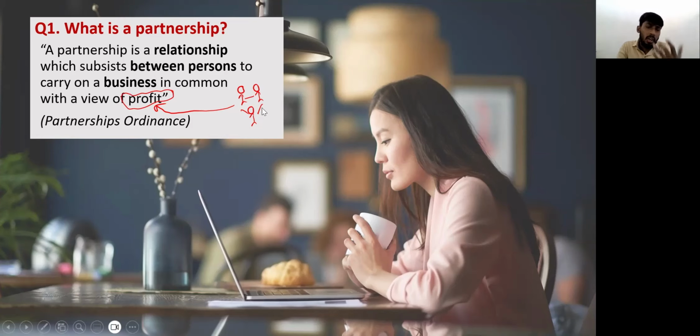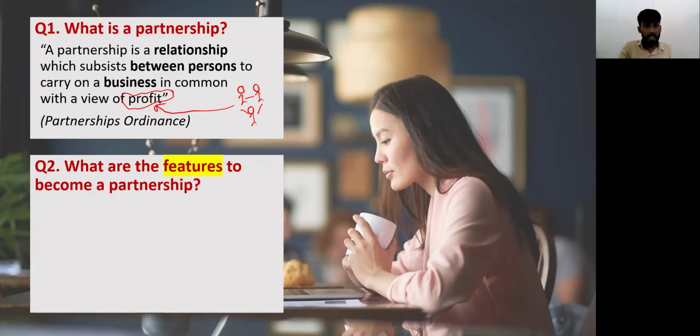There are 4 main features a business must have to become a partnership. At the examination, this question can be asked: what are the features to become a partnership? If these 4 features are not present, then that business will not become a partnership.